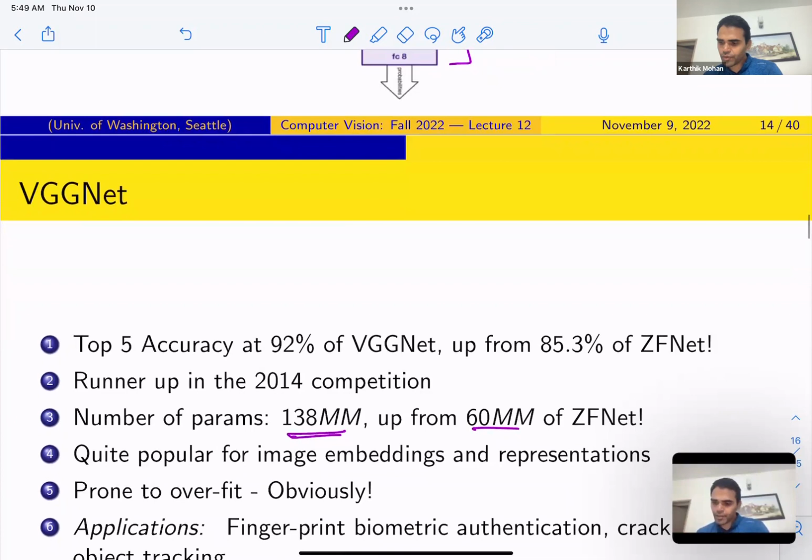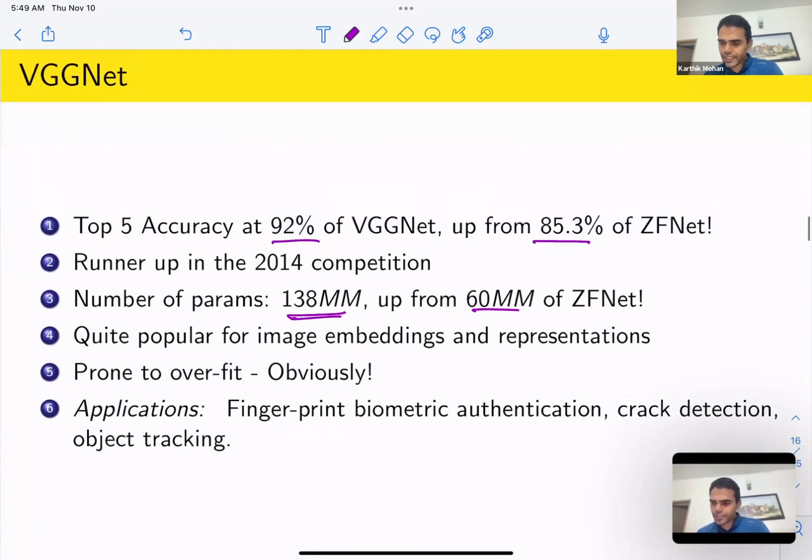And so you have to account for overfitting. But despite all of that, the top 5 accuracy for VGGNet improved from 85.3% to 92%. So that's a significant bump. Using more depth in the layers does help, does matter.